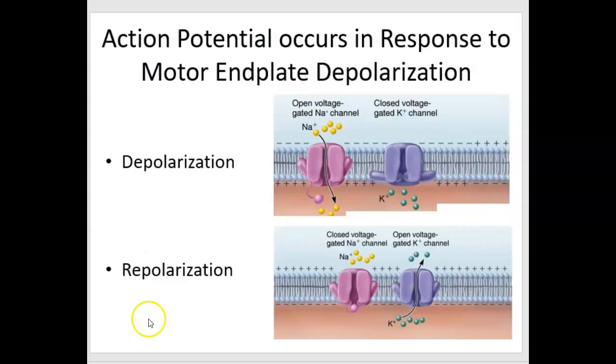So an action potential occurs in response to the motor end plate being depolarized. During depolarization, we have sodium channels that are open, so sodium goes in. But then during repolarization, potassium channels are open, and so potassium leaves.